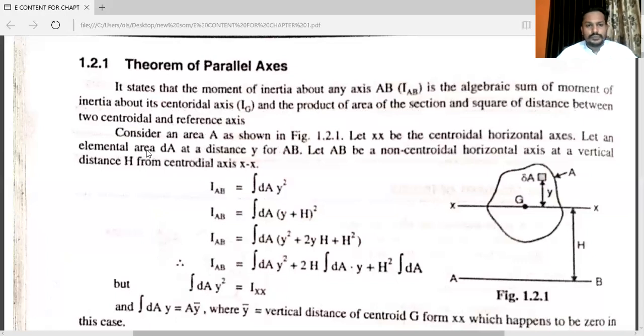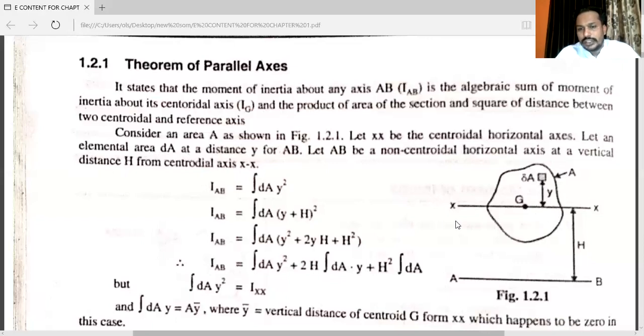See, according to this definition, here consider an area A. This is the entire area A. XX is the centroidal horizontal axis. Let an elemental area, that is dA, that I already showed you, be at a distance y.